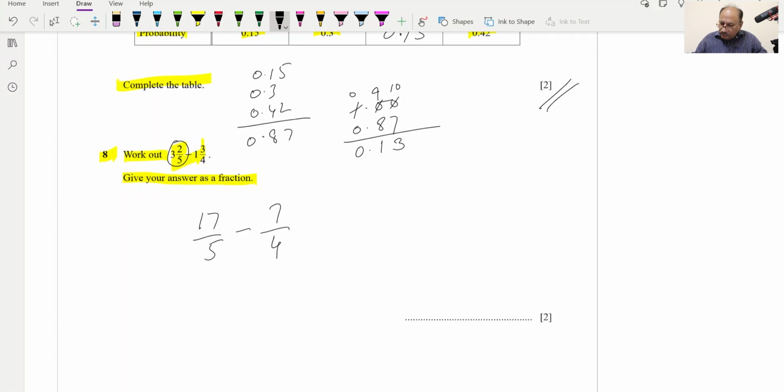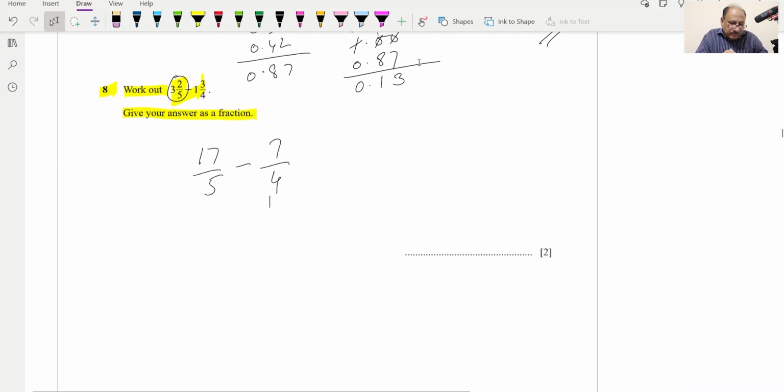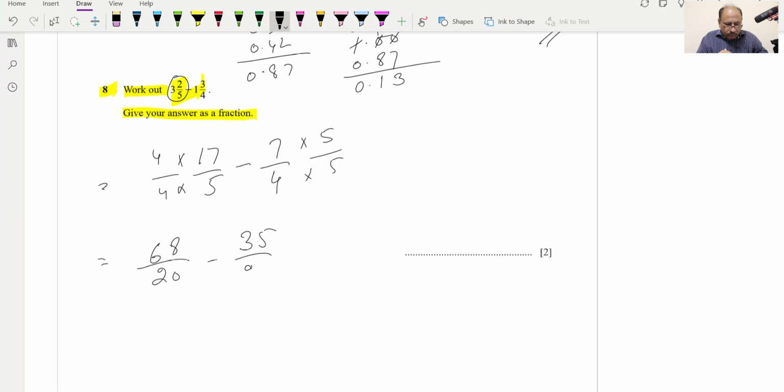So we can equalize this part by multiplying numerator and denominator by 4, and this side by multiplying denominator and numerator by 5, and this results in 17 4s are 68 over 20 minus 7 5s are 35, so 35 over 20.